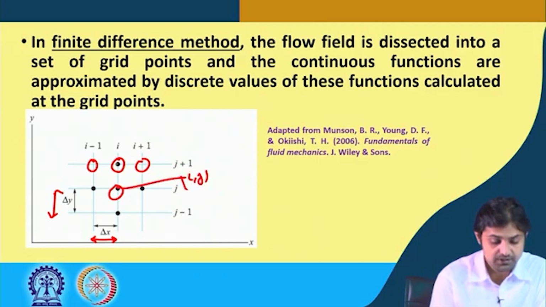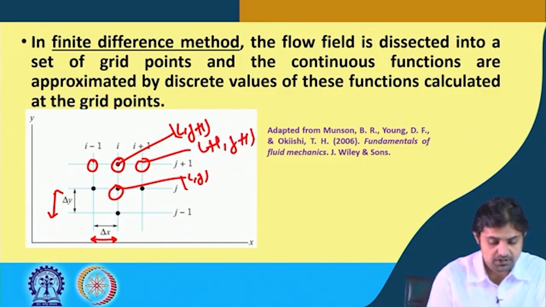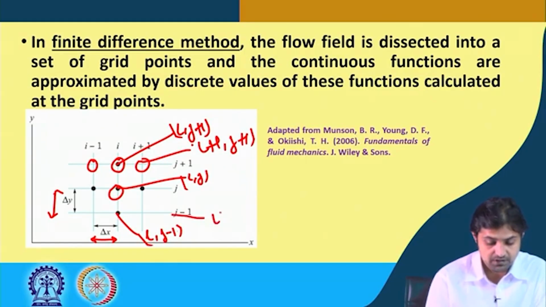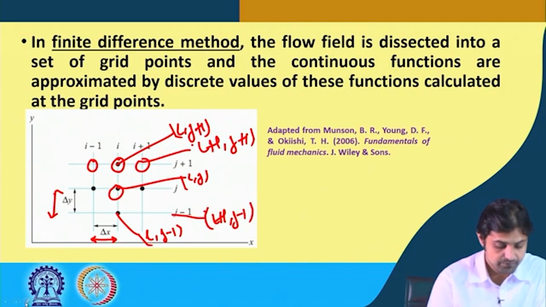So, this point is going to be (i, j plus 1), this point is going to be (i plus 1, j plus 1), this is how it is defined. So, this is (i, j minus 1). This is (i plus 1, j minus 1).